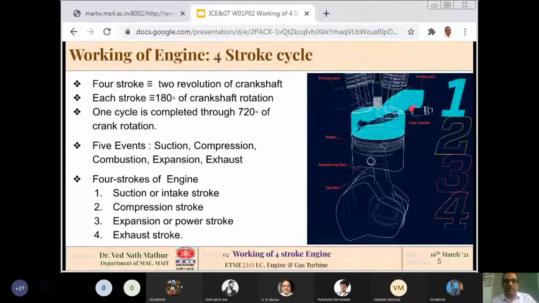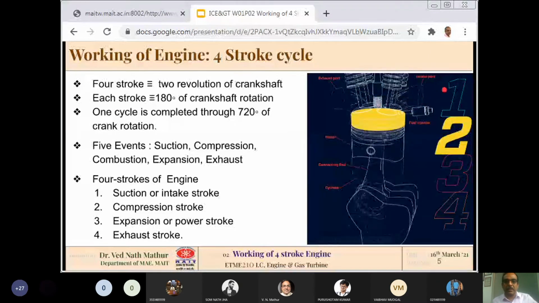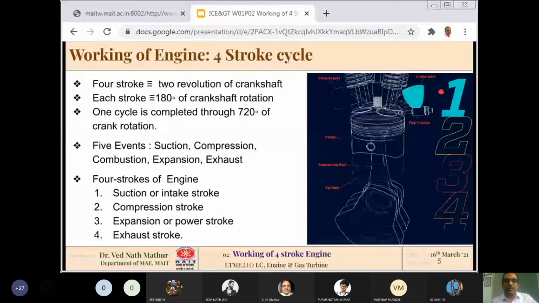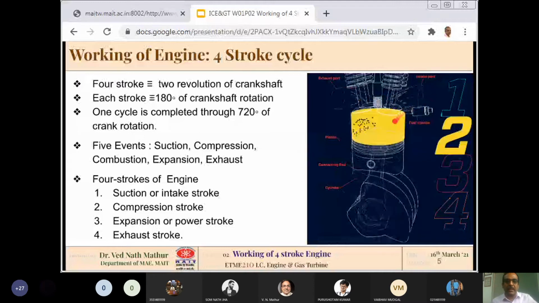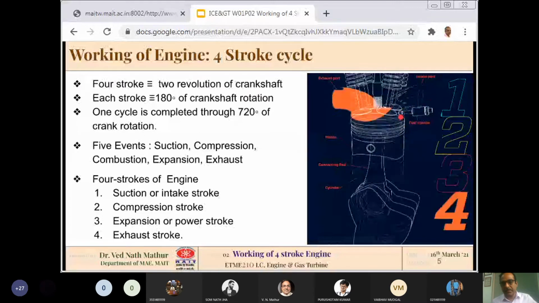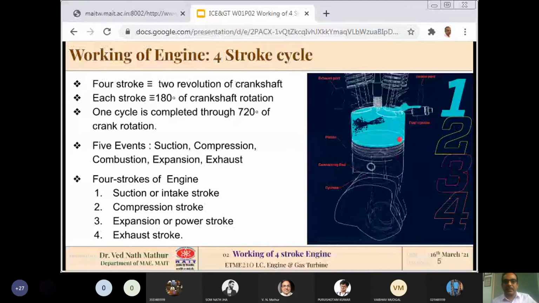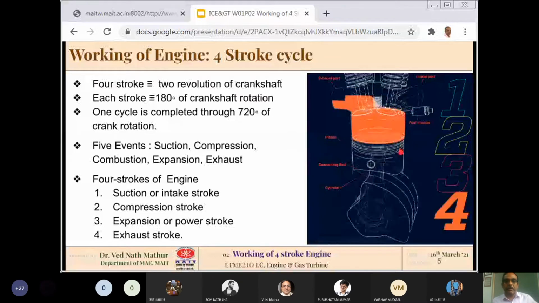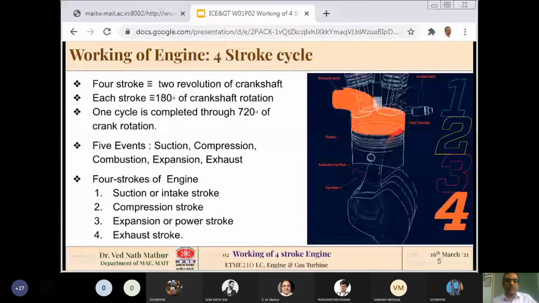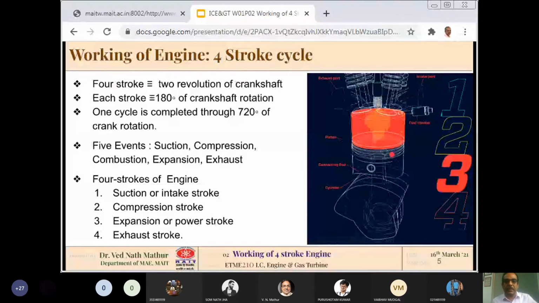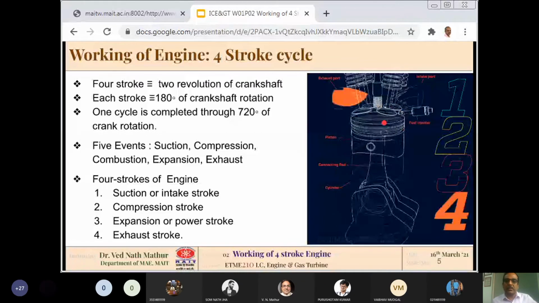So in one of the strokes, when the piston is moving from top dead center towards bottom dead center, this blue color represents the unburnt air-fuel mixture, the fresh air-fuel mixture which enters the cylinder. So when the piston moves to the bottom position, it changes its direction and moves up, and as it moves up, the yellow color represents the compression stroke, and towards the end of the compression stroke, the color changes to red.